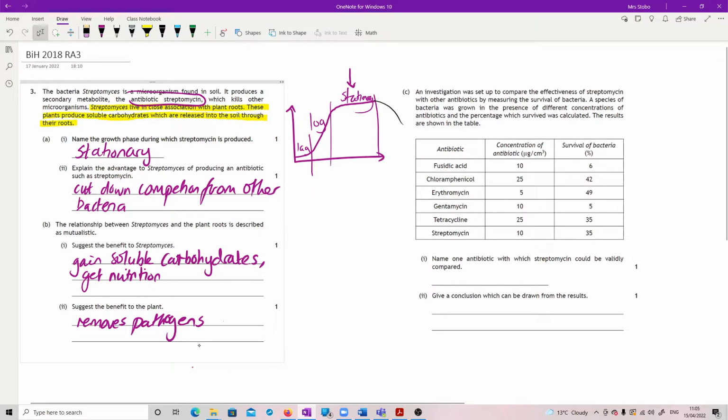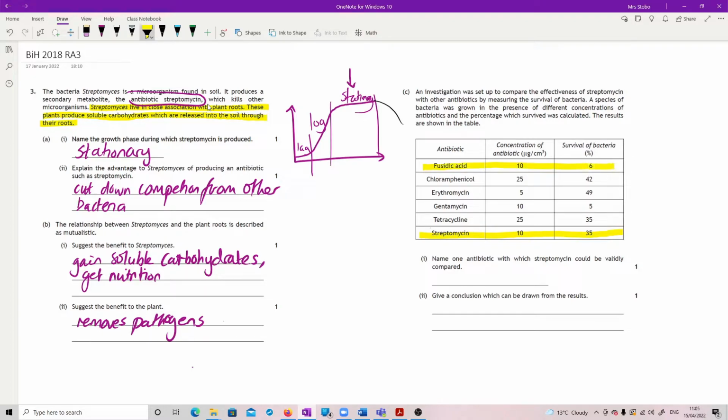Name one antibiotic with which streptomycin could be validly compared. Here's streptomycin. Get my wee highlighter back on this one. Here's streptomycin at 10 micrograms per centimetre cubed. But most of these are not at 10, so the only ones that you could, from a valid point of view, compare.